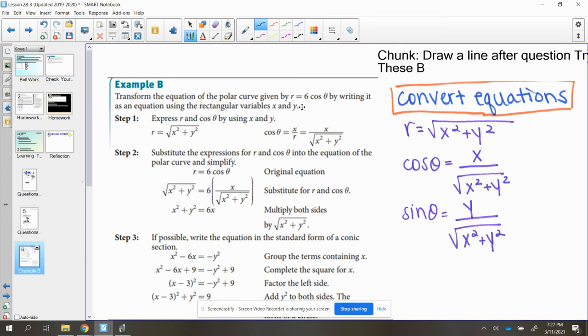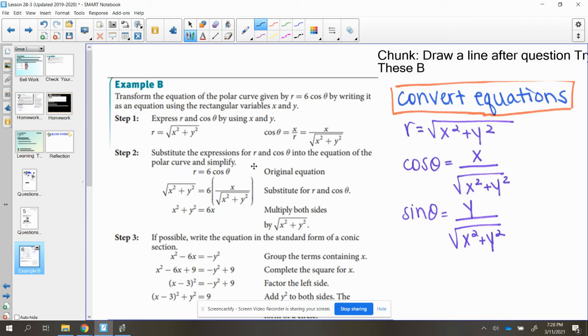So from what we've talked about before, there are 3 formulas you are definitely going to want to write down. We've talked about how r equals the square root of x squared plus y squared. Now, if we rewrite cosine as x over r, adjacent over hypotenuse, that would be x over the r value that we just substituted in. And then same thing with sine, but you're using your y value. Definitely something you want to have written down.